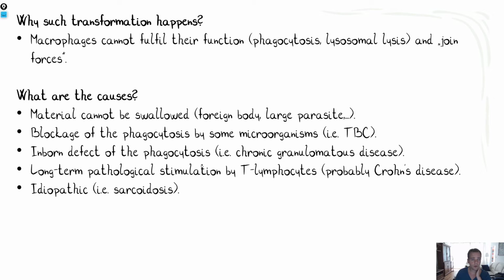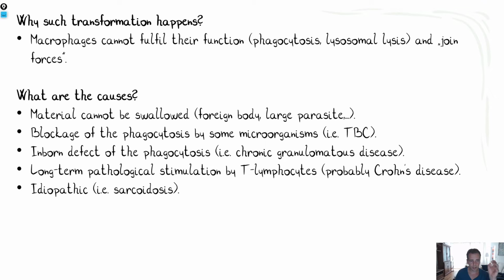Sometimes the defect of phagocytosis can be inborn. That's why a lot of primary immunodeficiencies develop granulomas. A typical example is chronic granulomatous disease, which is an inborn error of immunity, and the presence of granulomas is typical for it because there is a defect of phagocytosis. And sometimes, again, there is nothing wrong with the macrophages, but they are stimulated by some other cell.